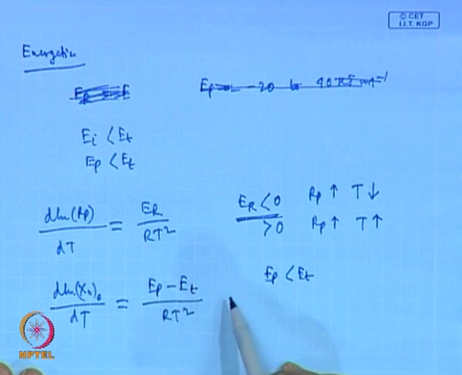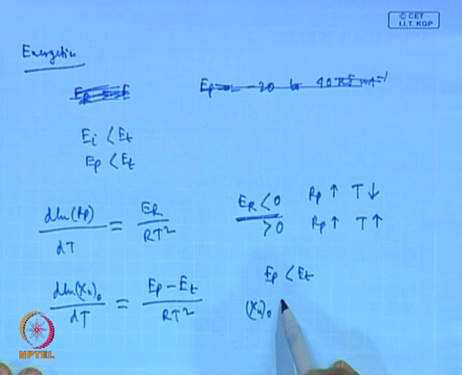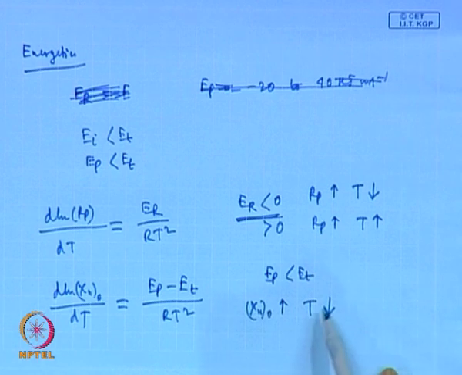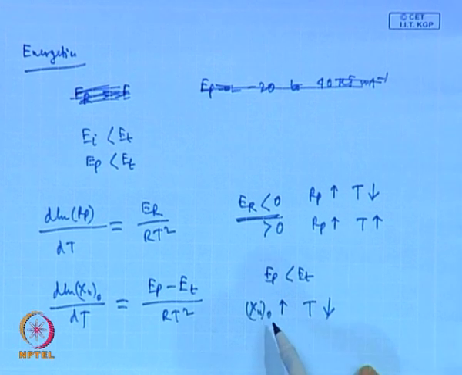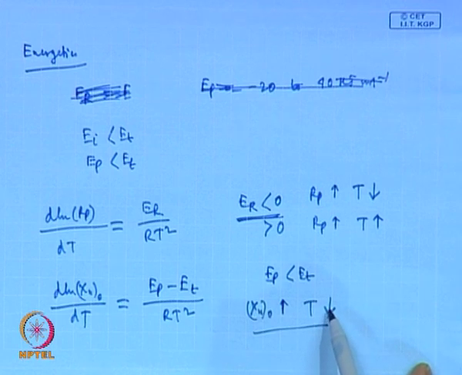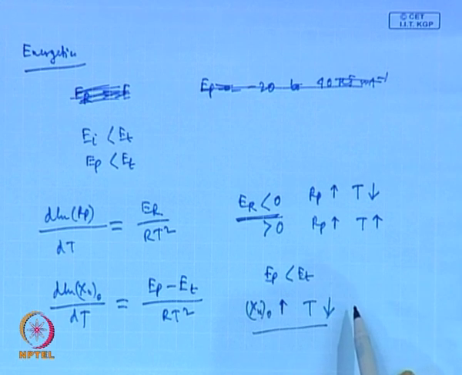So, this is negative, which means that Xn 0 goes up with decrease in temperature. So, molecular weight always goes up if you decrease the temperature of the reaction. That is why cationic chain polymerization is in most cases performed at subambient or sub-zero temperature.